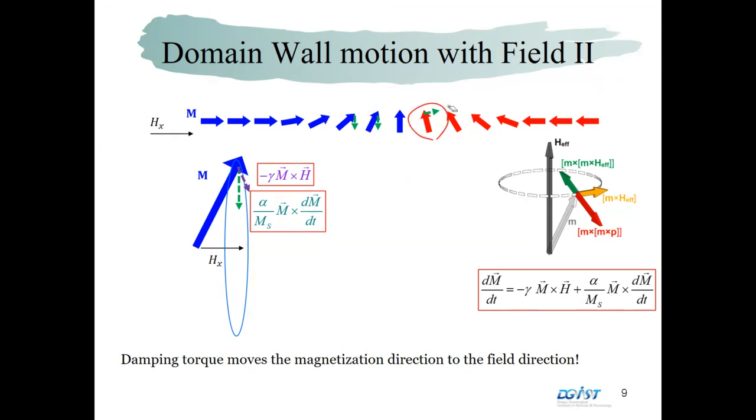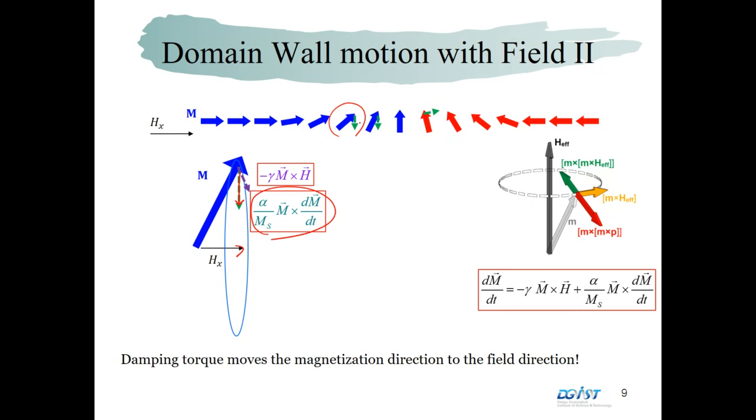For example, this one, we have an external magnetic field here, we have a magnetic moment here, then there is some precession torque. And there is some damping torque in this field direction. You see, here this is the damping part.